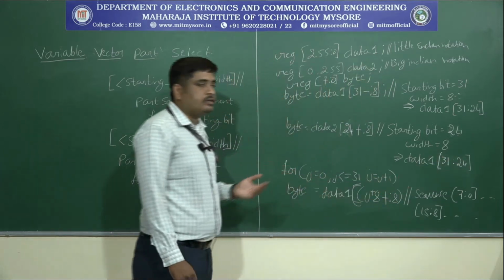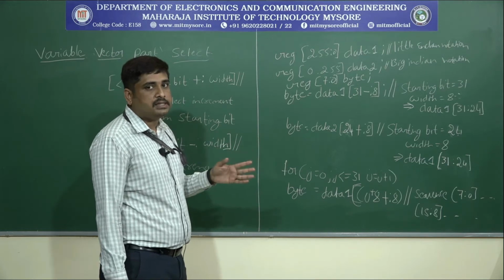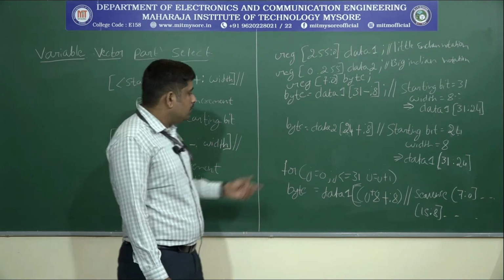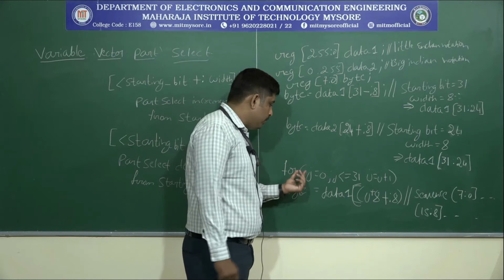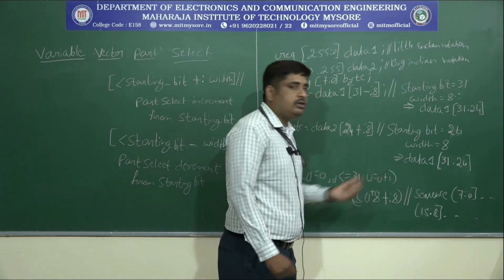And we can also apply this with a for loop. Its syntax is similar to C programming: for j equal to 0; j less than or equal to 31; j equal to j plus 1.